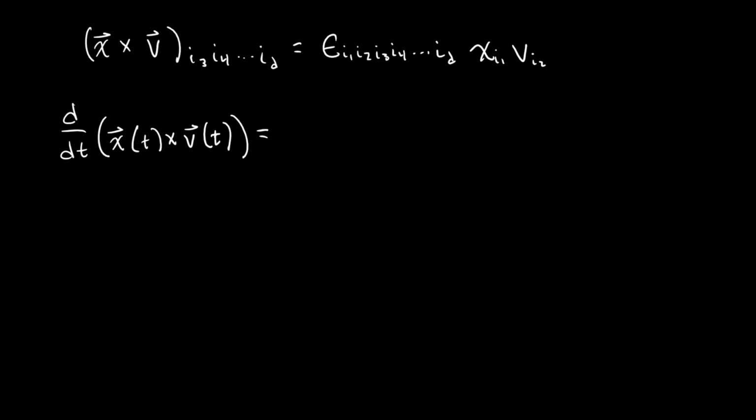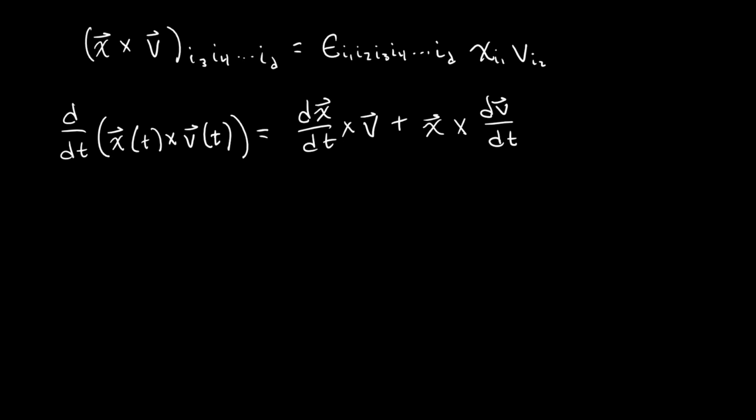If you want to see it more explicitly, you can come up to this expression up here, and you can see that epsilon is a constant, and then x and v, the components of both of those, are going to be just some function of time. So I can use my product rule, and I get dx dt, the derivative of the first, cross the second, plus the first cross the derivative of the second.